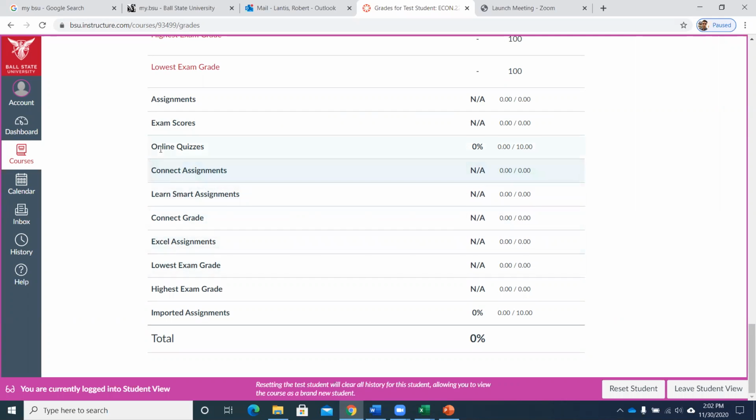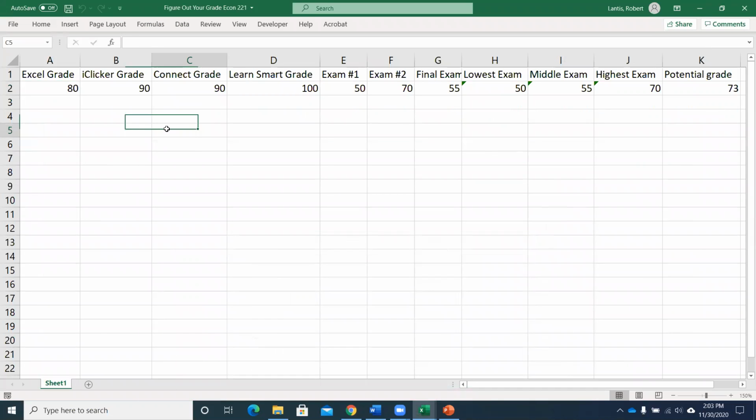I'll move these around so they're all next to each other. I don't have any because this is a test student, but whatever your online quiz percent is, your LearnSmart, your Connect, your Excel, you'll have all the information you need to enter in these four. You would then put your first exam score and your second exam score.